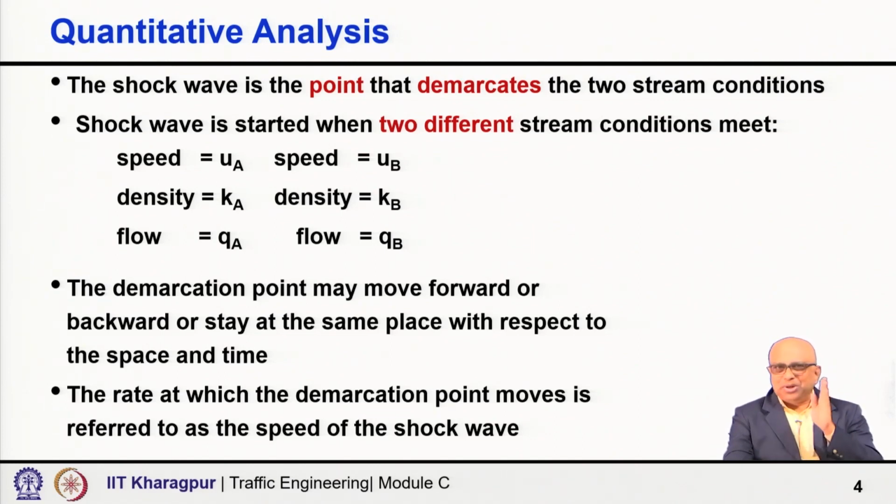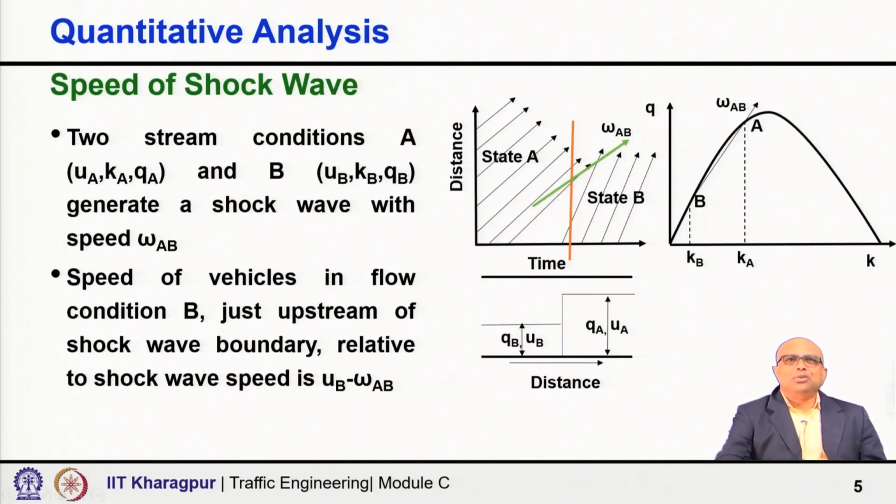Now, if we consider two stream conditions A and B as I have mentioned, and they generate a shock wave with a speed of omega AB, as shown here, this is stream condition A, this is stream condition B in the time distance diagram, and they are meeting. So, a shock wave is created and the speed of this shock wave is omega AB.